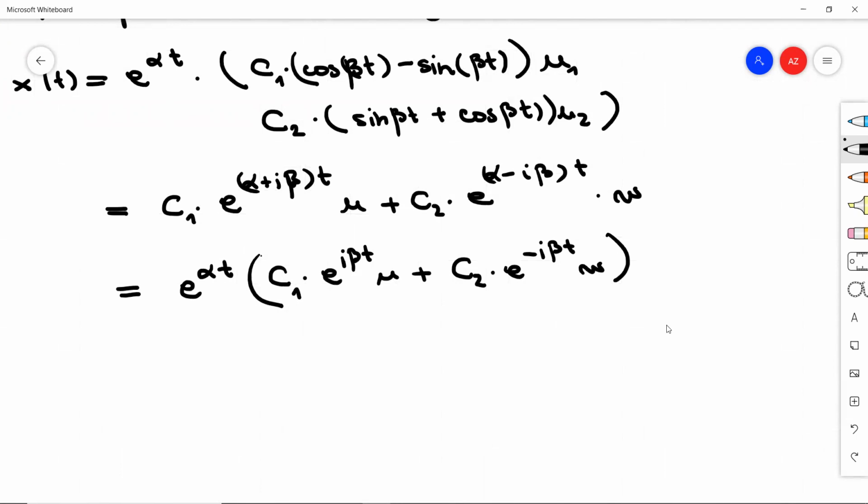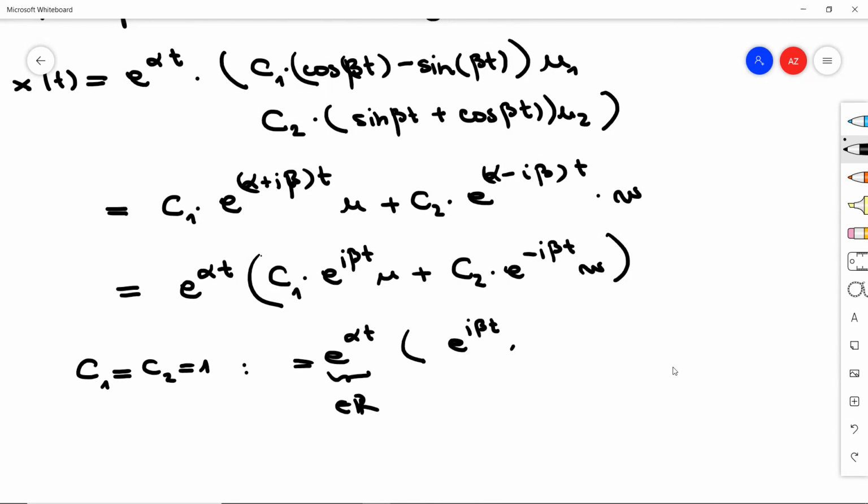Okay, this is the general solution, and let's try to draw a first phase portrait for this. Let's take C1 and C2 to be equal to 1. What we get is e to alpha t, which is real, no problem with this, and then e to i beta t u plus e to minus i beta t w.